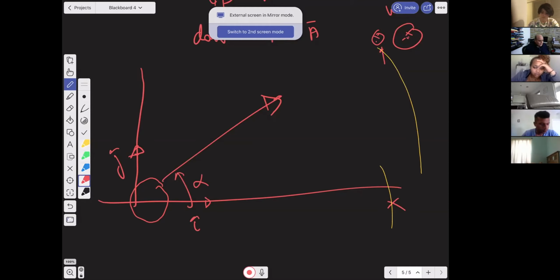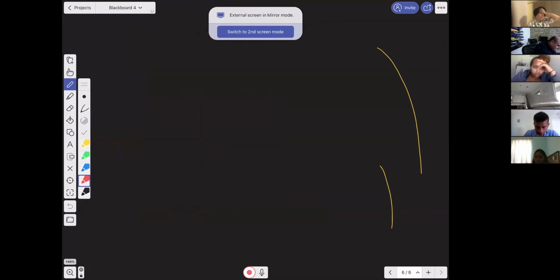What happens in 3 dimensions? 3 dimensions is the same thing. If you have 3 vectors, i, j, and k, you will move in a space wherever you like.